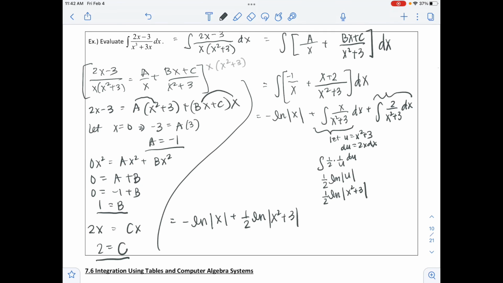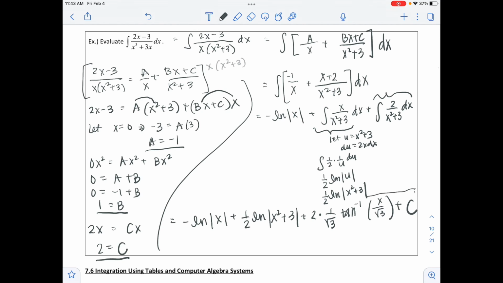And then the third term is going to be the integral of 2 over x squared plus 3, which is going to become plus 2 times, and using our tangent inverse, 1 over root 3, since that's a squared would be root 3 squared, so 1 over a tangent inverse of x over root 3 plus C, since we're done integrating. And this would be our final answer.